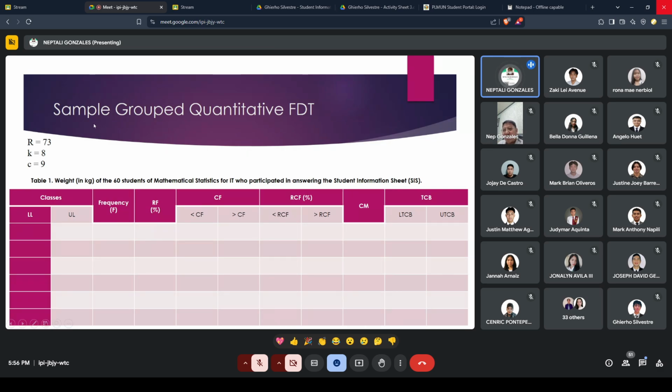So first, you will compute for R, compute for K, compute for C, then the table title. Again, table titles are always above the table, while figure titles are always below the figure or the graphical presentation.